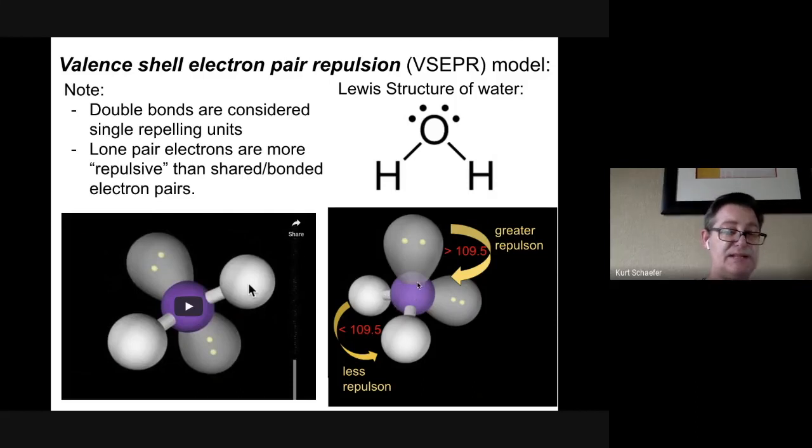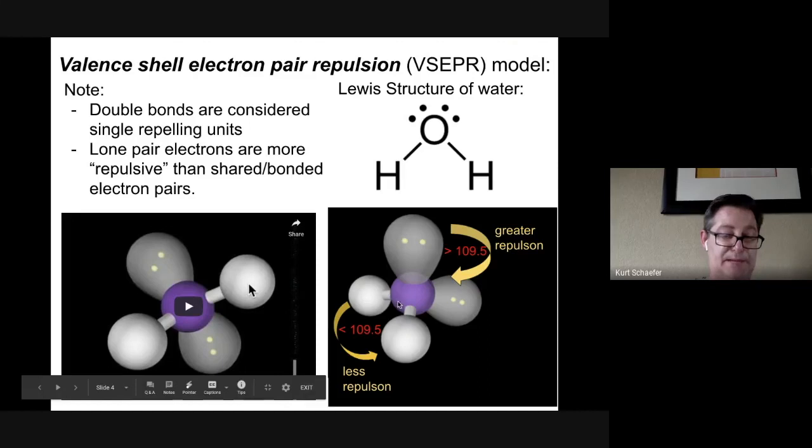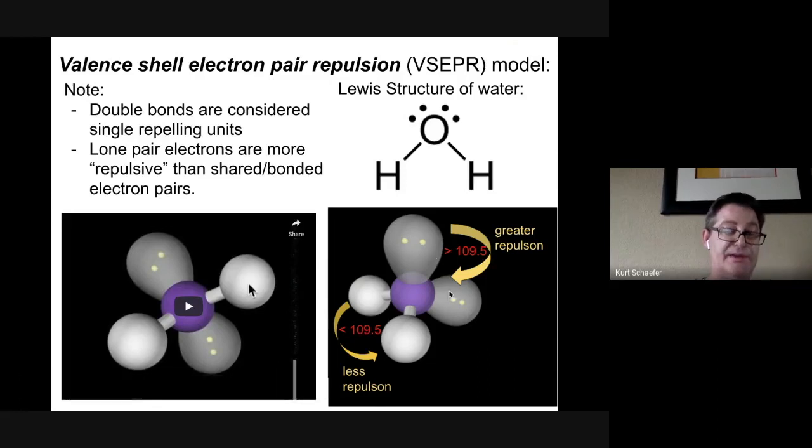And what this does is this distorts the perfect tetrahedral shape because the non-bonded repulsions are stronger than bonded. This angle actually shrinks in water to less than 109.5, and this angle expands to greater than 109.5.